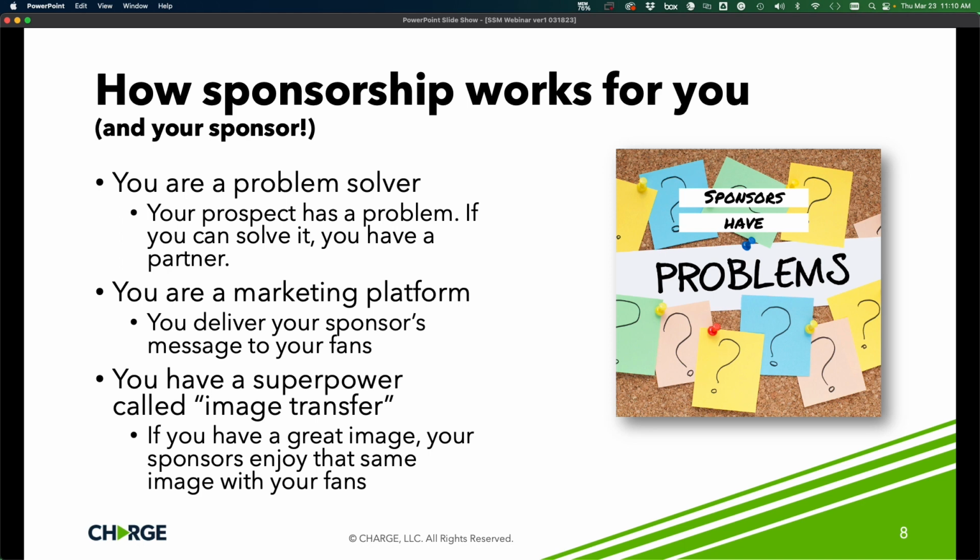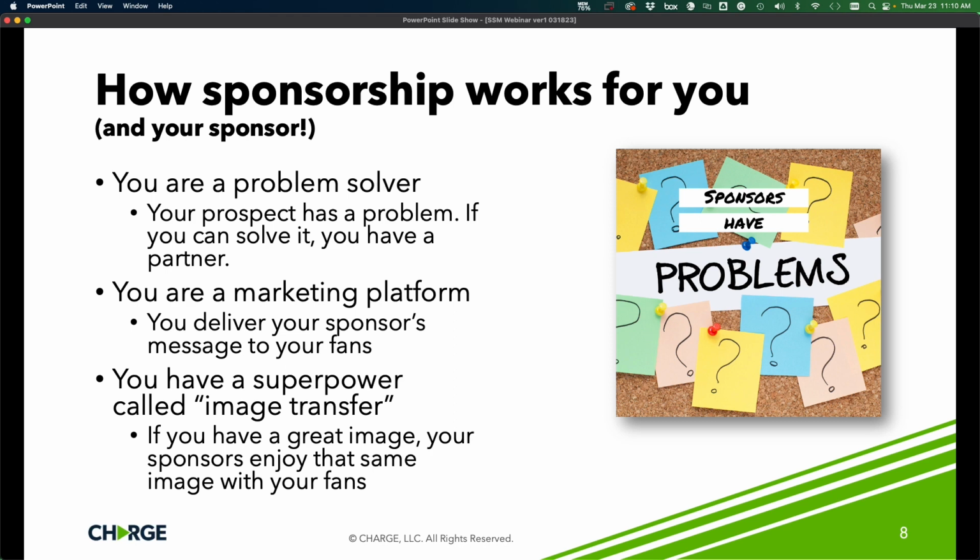The third thing to keep in mind is one of my favorites. I call it the superpower of image transfer. Now, image transfer works like this. You're a property, you're selling sponsorship. If you have a great image among your audience, among your fans, among your members, then your sponsor will also enjoy that great image with your audience by virtue of the sponsorship.